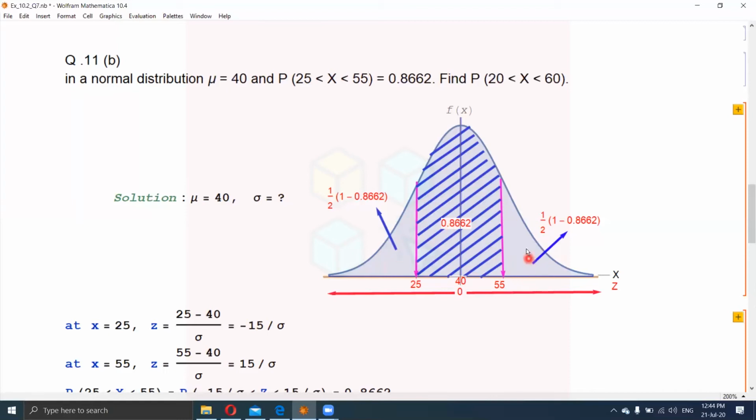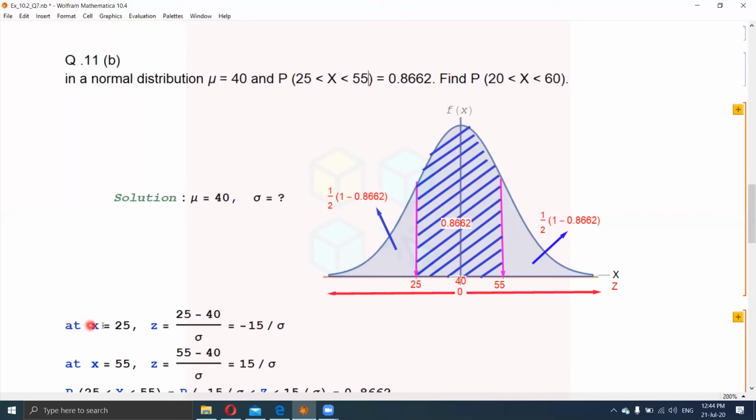Both are equal because for 25 and 55, both points are equidistant from the center point. So the areas on both tails are also equal, which can be obtained by dividing the difference by 2.